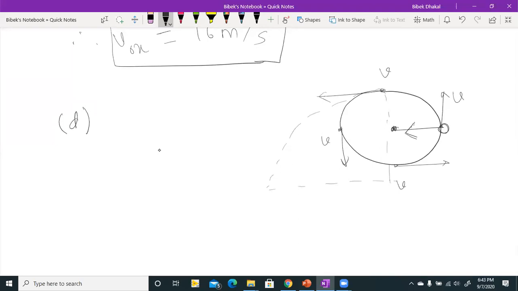So how do you find the centripetal acceleration? You have a very famous formula: centripetal acceleration is the square of the velocity, the speed, divided by the radius. In this case, our radius is 1.5 meters, it's given to us. And the velocity is, since when the string broke loose last time, we calculated v0x was 16 meters per second.